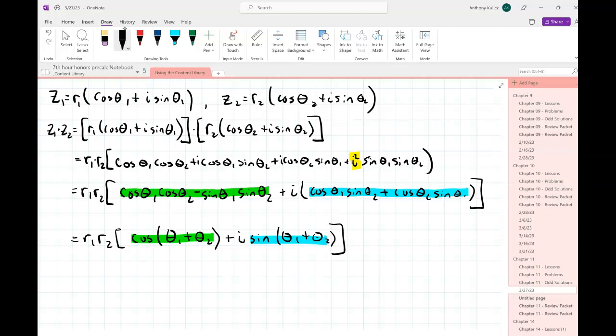What do I have here? If I multiply two things in trigonometric form, what do I have to do? I just multiply the magnitudes and add the directions. Done.